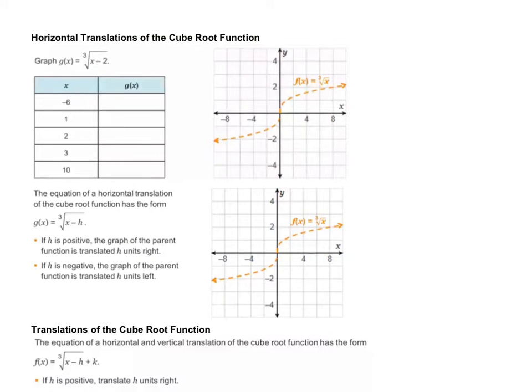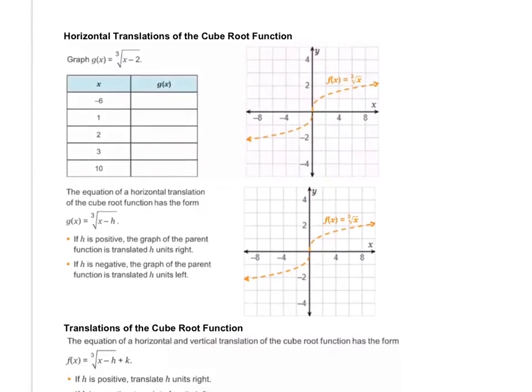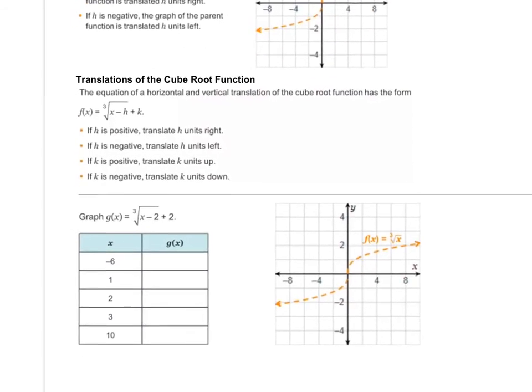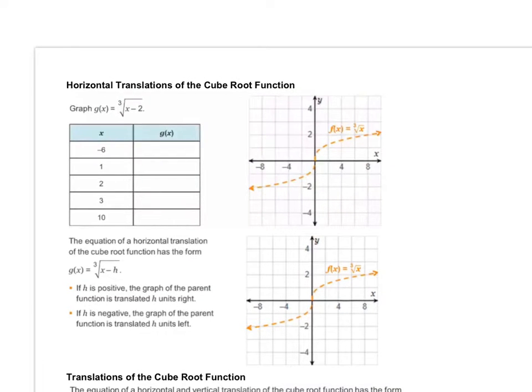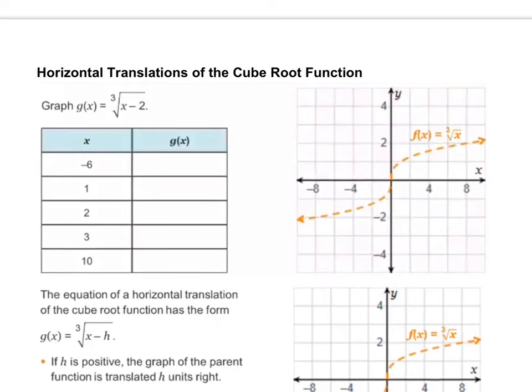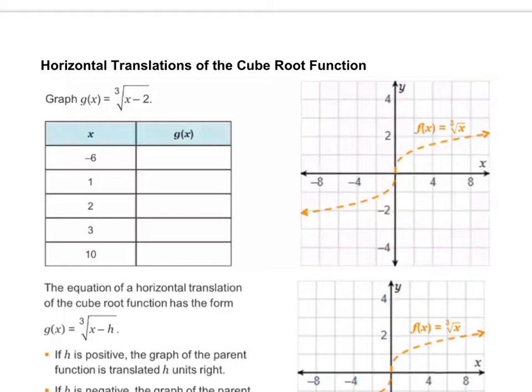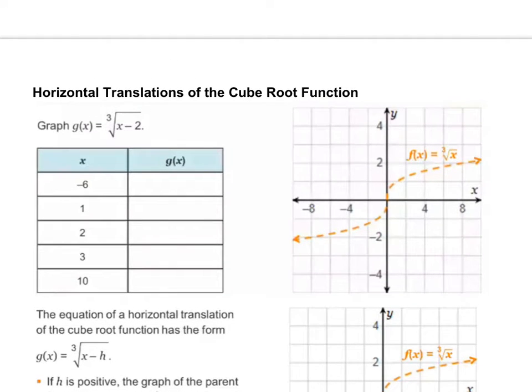Okay, so on this page, we want to talk about the horizontal translations of a cube root function. So what I have first is, and let's talk about this. Whenever you do horizontal translations, those are going to be operations underneath the radical symbol. So I'm going to write that.